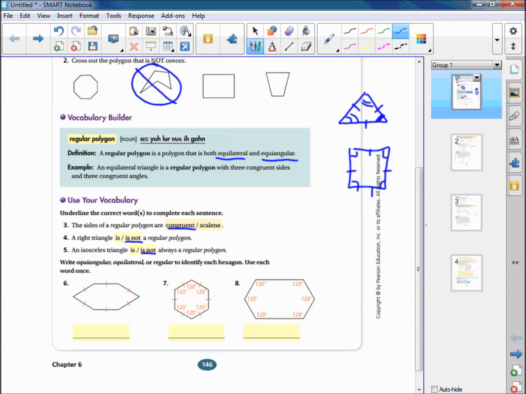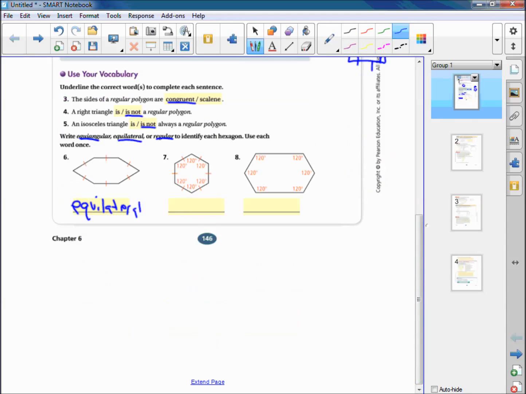Write equiangular, equilateral, or regular to identify each hexagon below, and you can only use each word once. Number 6, this is going to be equilateral. All of the sides are the same, but not all of the angles. Number 7, this is going to be a regular polygon.